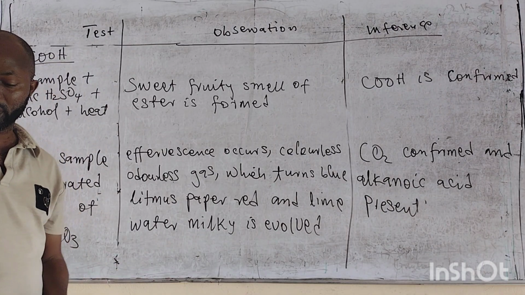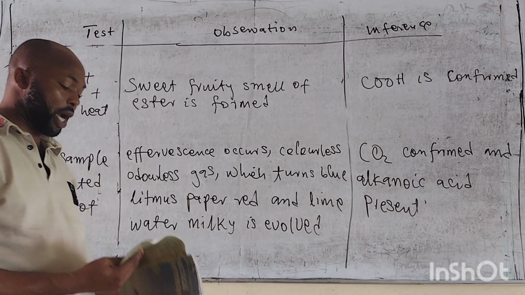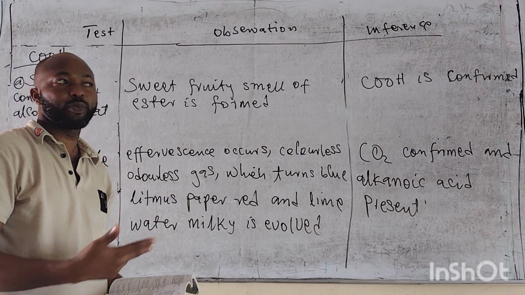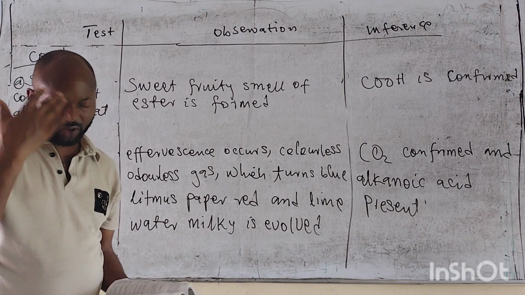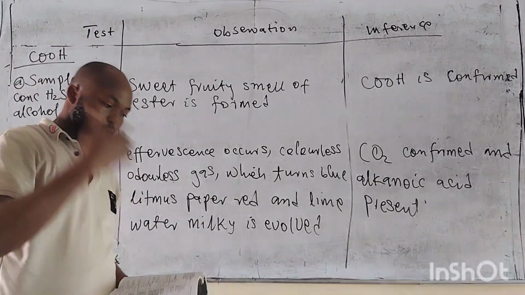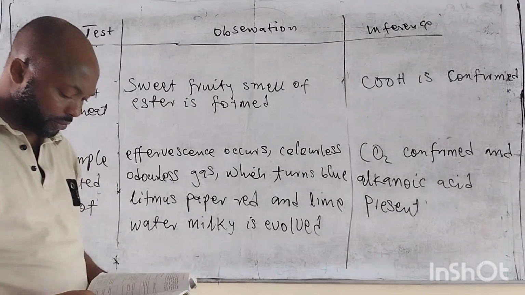So we're going to look at another functional group. Remember, we have to put this in our head, because when we start carrying out the practicals, we have to remember that when we do this, the observation is supposed to be this, and when we come across the observation, we know exactly what we are testing for.